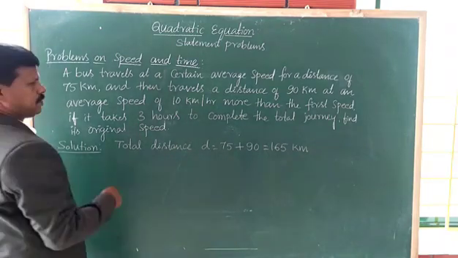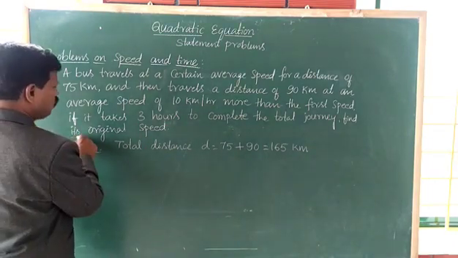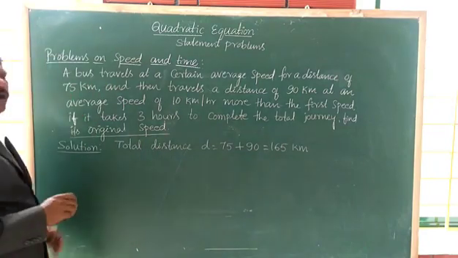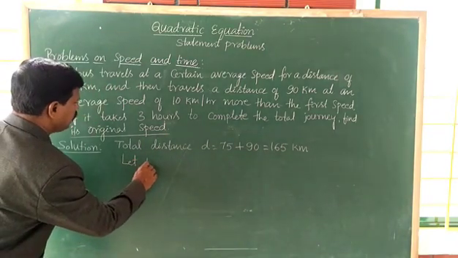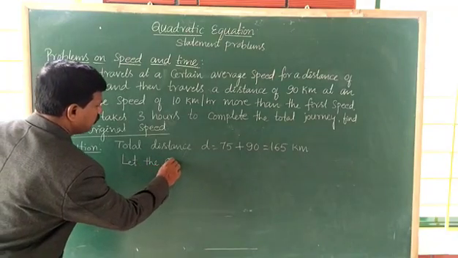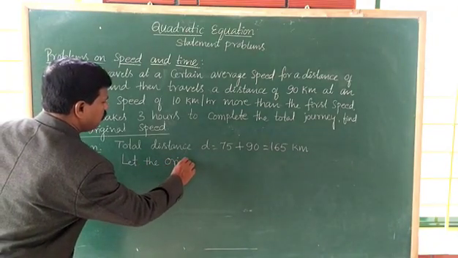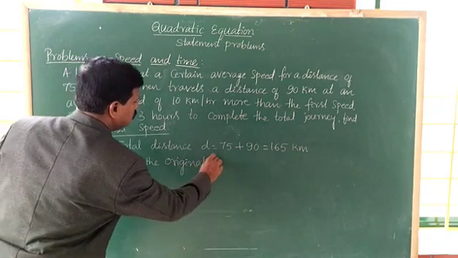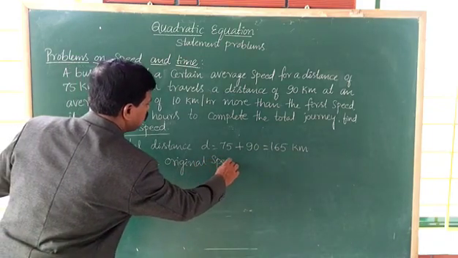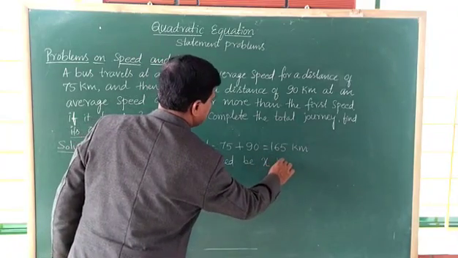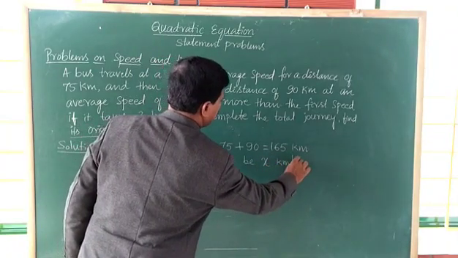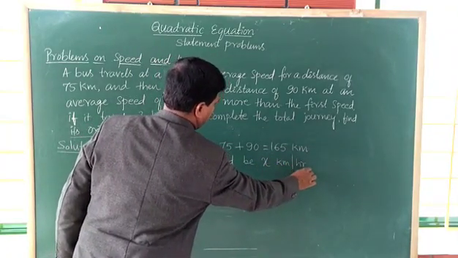Now what they asked: find its original speed. Now how to take this? Let the original speed be x kilometer per hour.